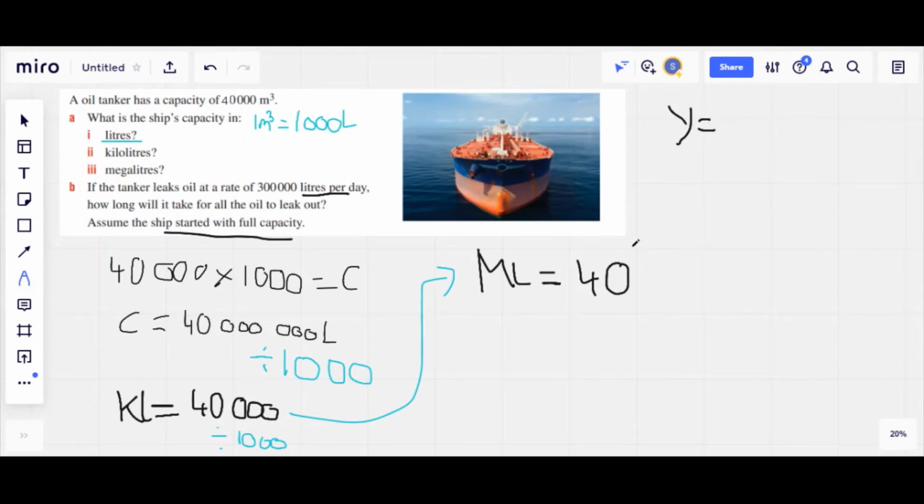So y is equal to 300,000 litres per day. So let's do D for day. So this is our formula here.